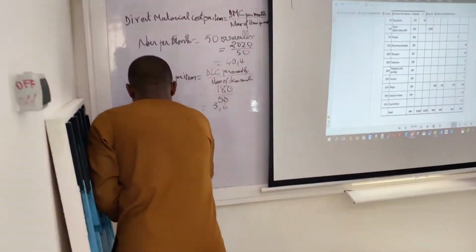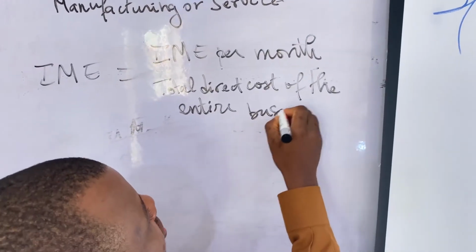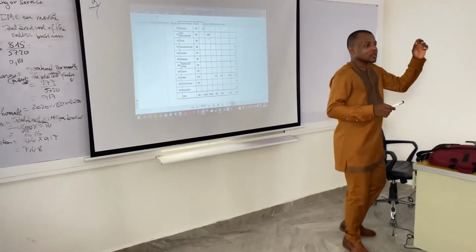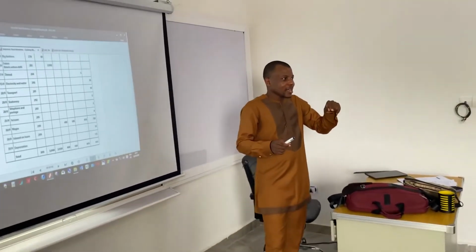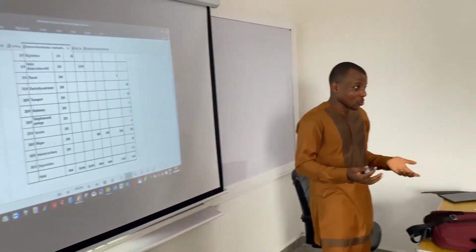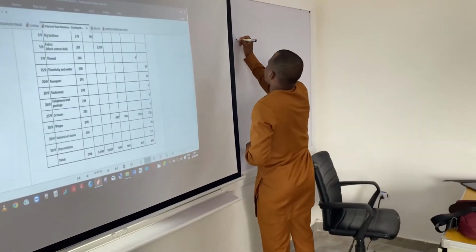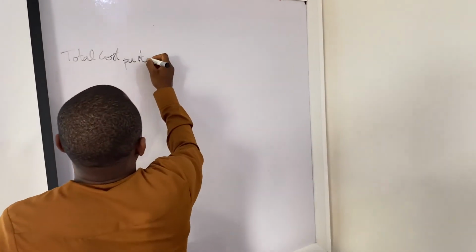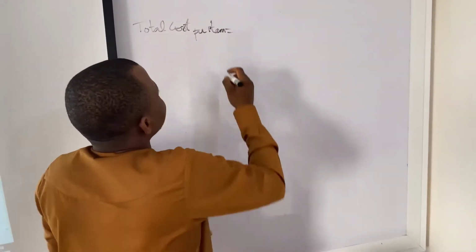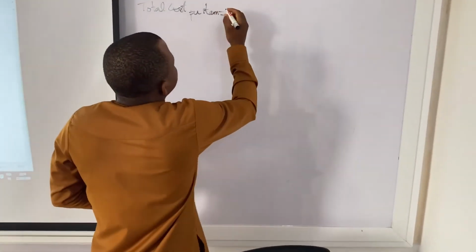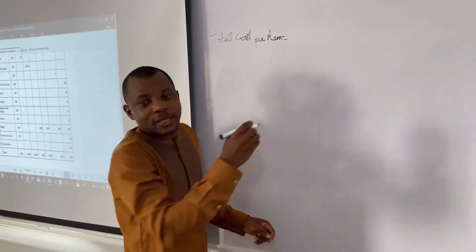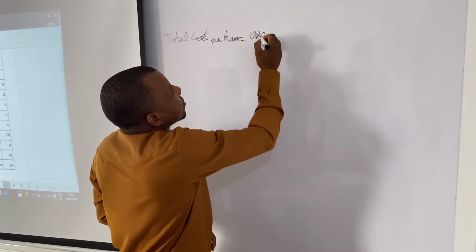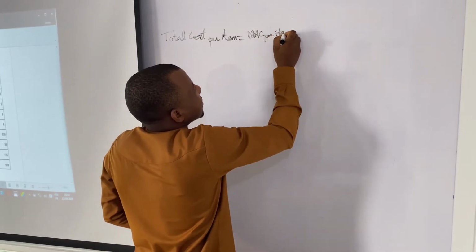So in the entire business, can you remind me all the costs? We know we have production costs and non-production costs, right? So the total cost per item we have, direct material cost per item, right?